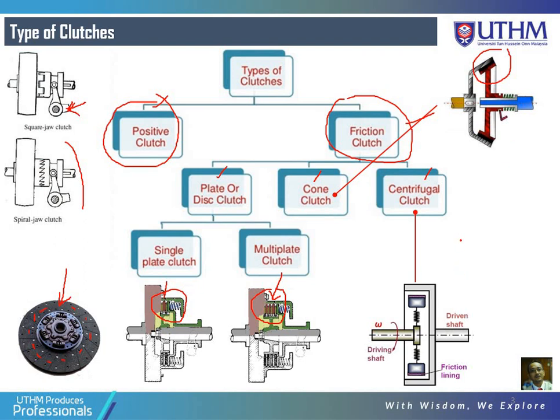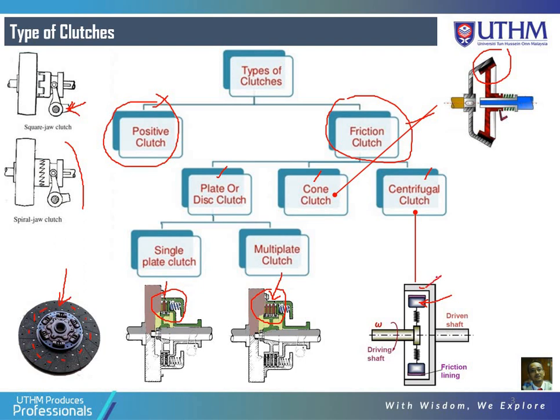Compared to the centrifugal clutch, if you see the centrifugal clutch mechanism here, the driving shaft is attached by a spring to the friction material. This is the housing. At a predetermined speed of the driving shaft, the friction material will also rotate and create a centrifugal effect and move towards the housing.